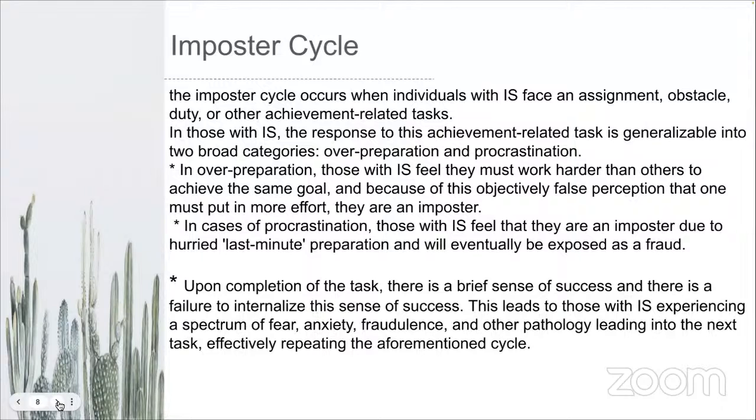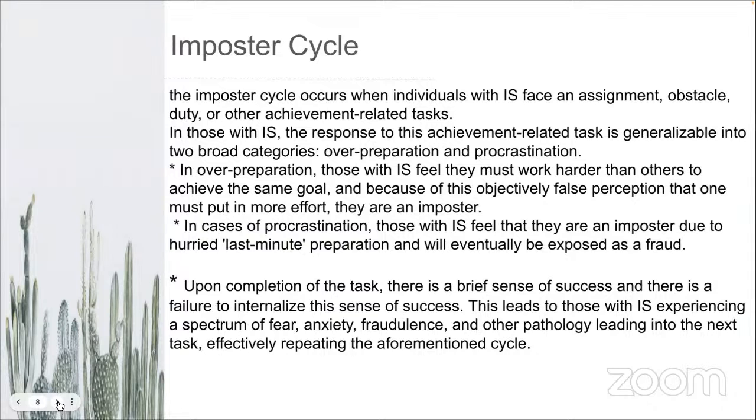Okay. The imposter cycle. The imposter cycle occurs when an individual with imposter syndrome faces an assignment, obstacle, duty, or other achievement-related task. In those with imposter syndrome, the response to this achievement-related task is generalizable into 2 broad categories. Either they over-prepare or they procrastinate.